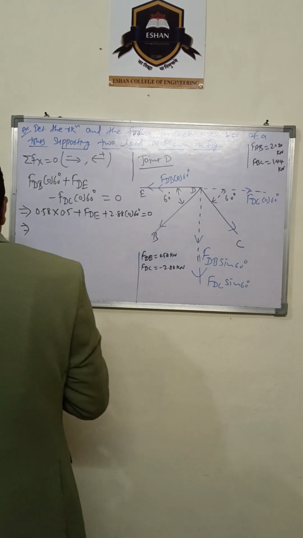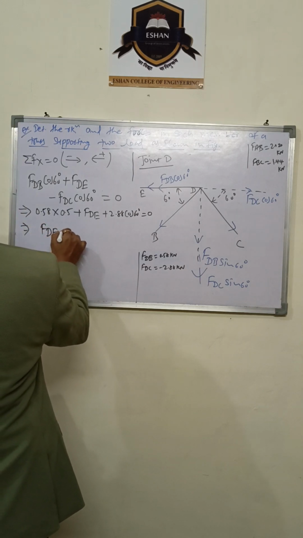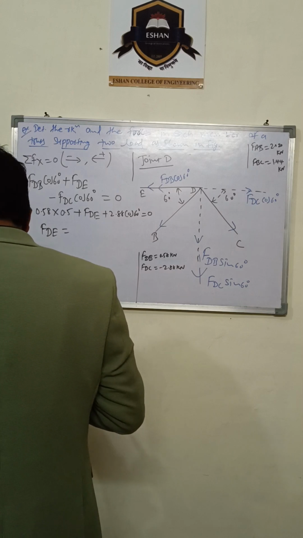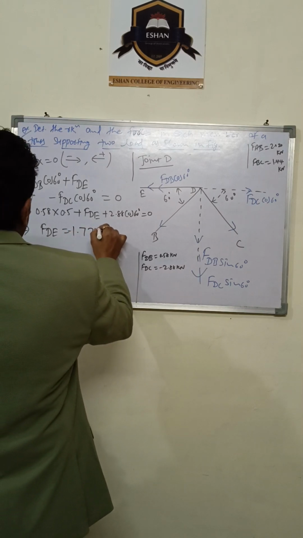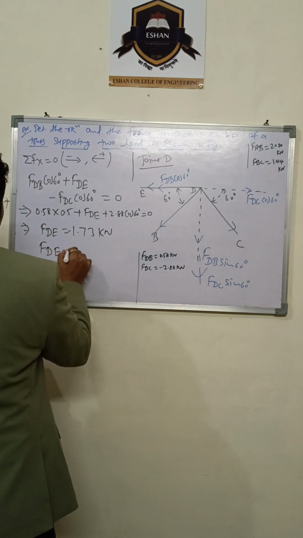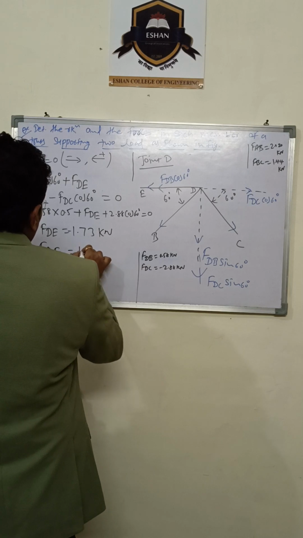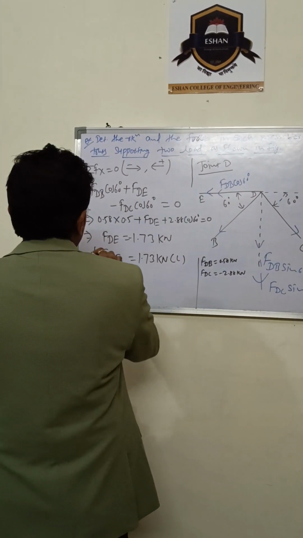After calculation, FDE equal to minus 1.73 kilonewton. That means FDE equal to 1.73 kilonewton, compression in nature.